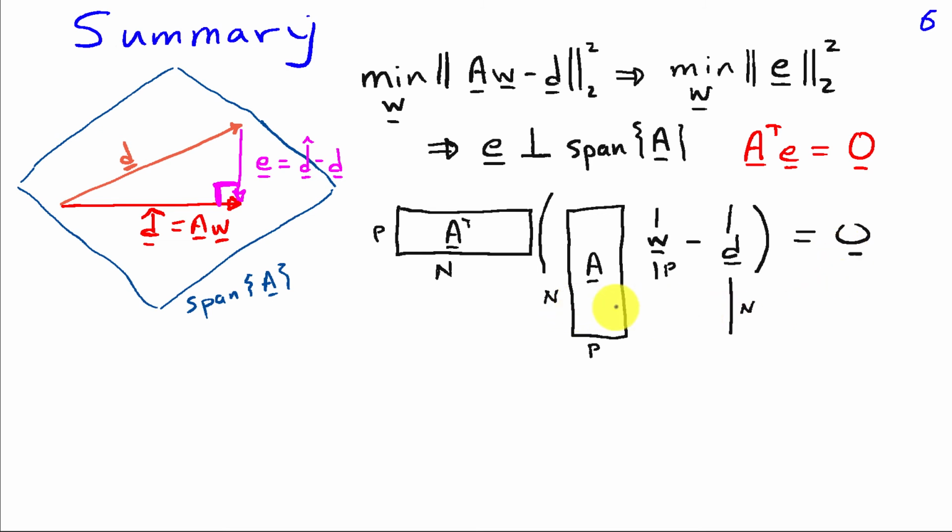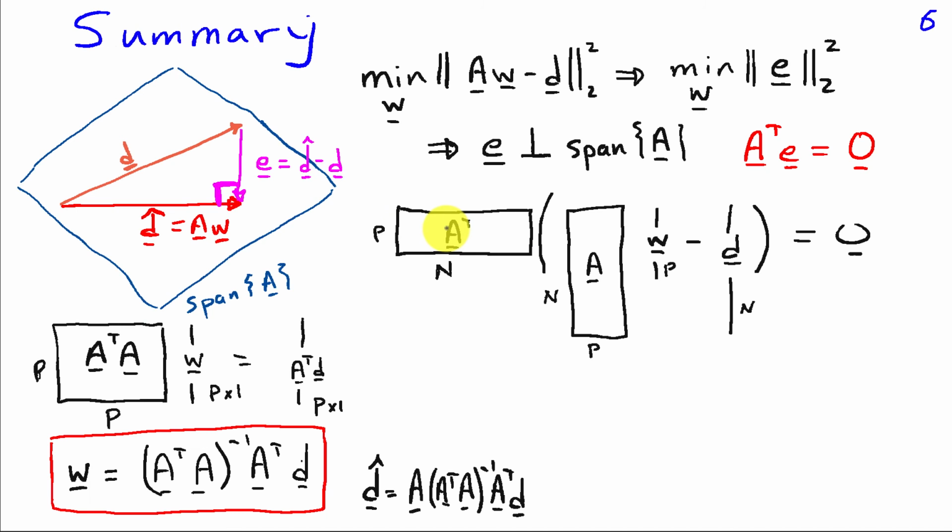So again, checking dimensions, A times W will be an N by 1 vector, and D is an N by 1 vector, so I can subtract these two, and this will multiply into A transpose, which has N columns. Now if I bring this A transpose inside this parentheses, I have A transpose A, which is a P by P matrix, and so I have a P by P matrix times W, which is a P by 1 vector.